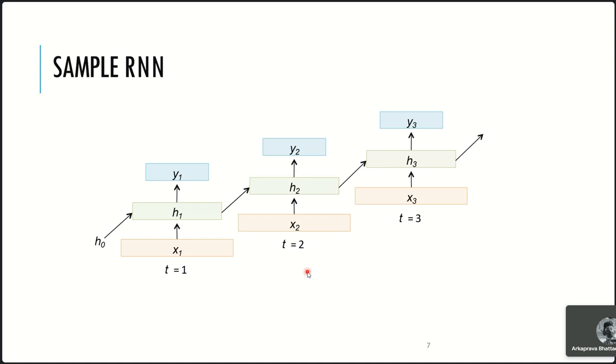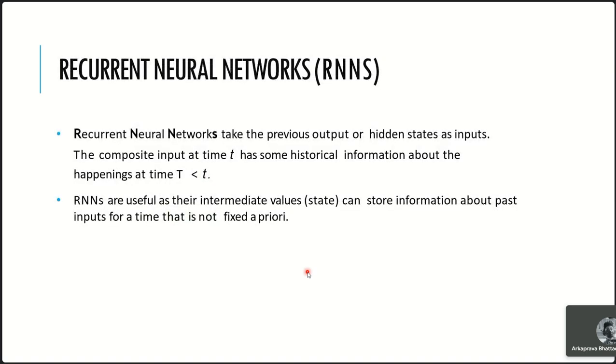Okay. So this is how your RNN architecture looks like, from a single RNN cell to the unfolding of various RNN cells. And that is what we have said in the first slide.